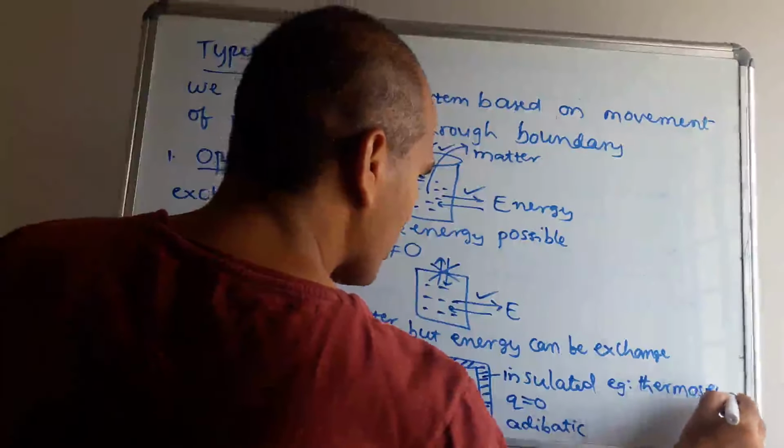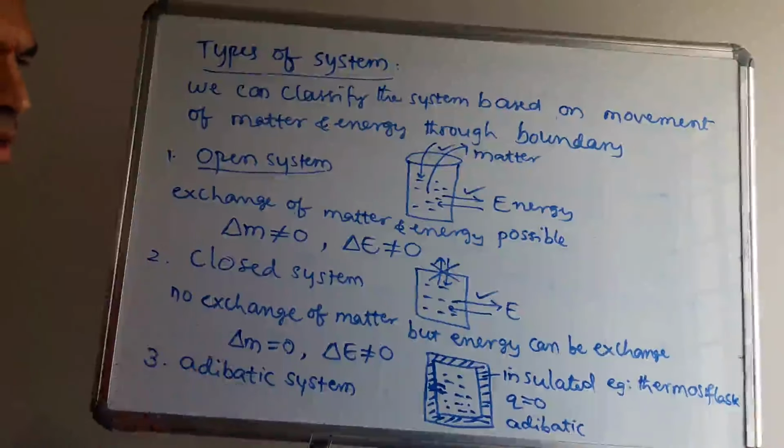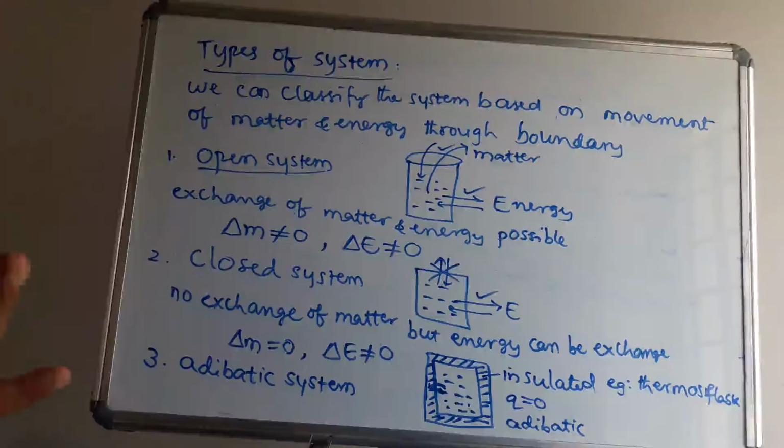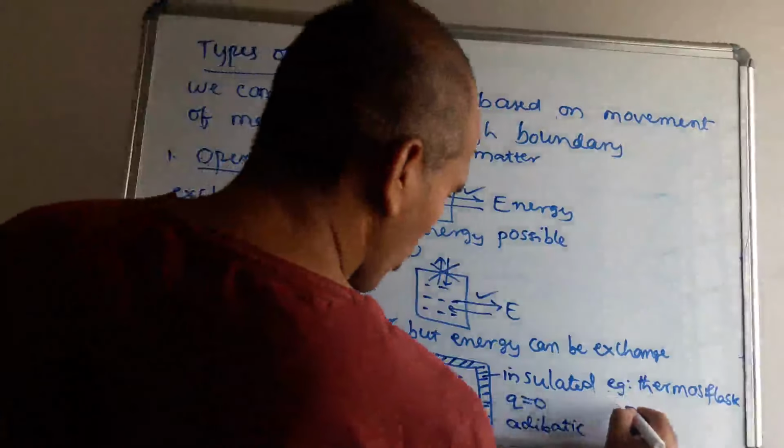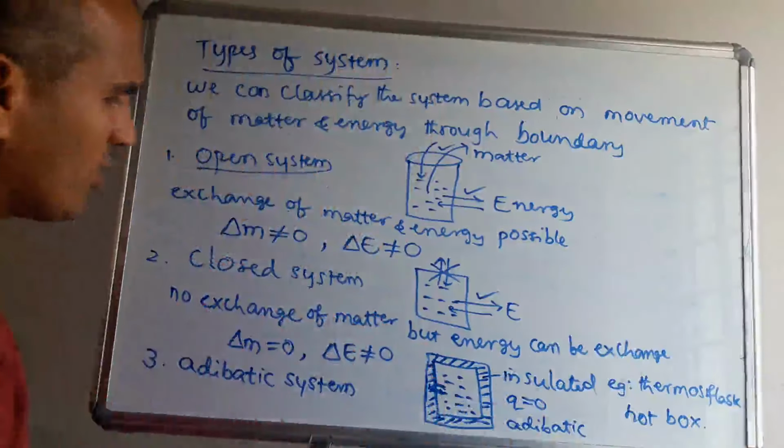Generally we keep hot tea or milk in it for 1 or 2 hours, or maximum 1 day. So hot boxes are examples.